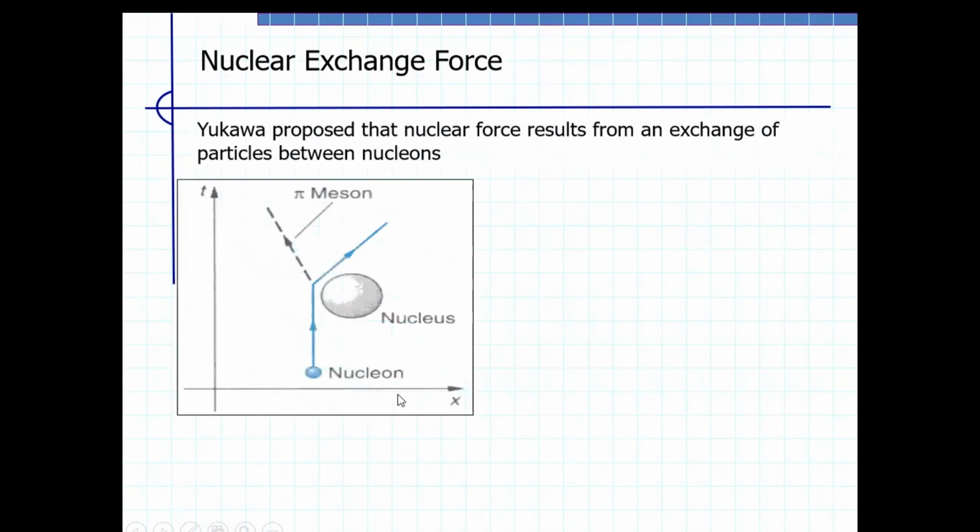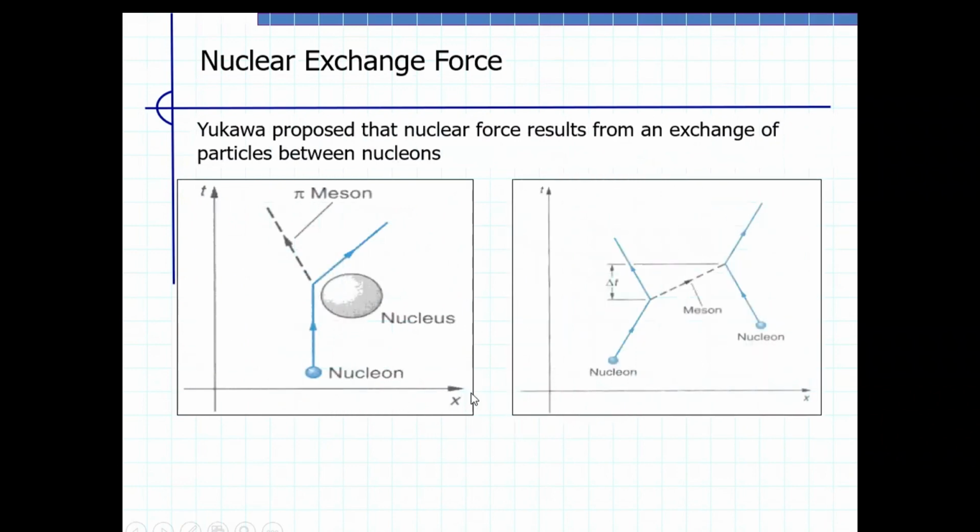Yukawa proposed that the nuclear force results from the exchange of particles between the nucleons. Here we show the nucleon and a nucleus, and we see the pi meson going out, and here there are two nucleons, and the exchange particle is a meson.